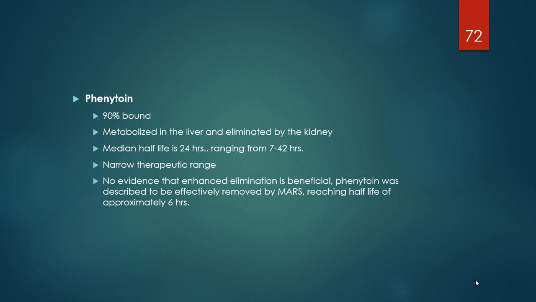The median half-life is 24 hours, ranging from 7 to 42 hours. It has a narrow therapeutic range. No evidence that enhanced elimination is beneficial, but phenytoin was described to be effectively removed by MARS, reaching a half-life of approximately 6 hours.